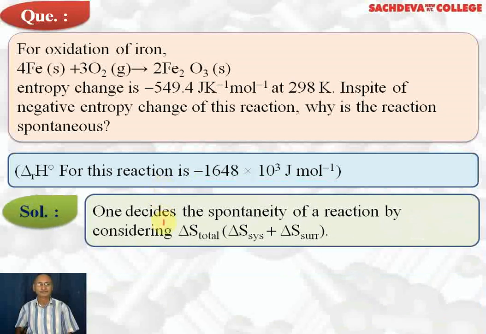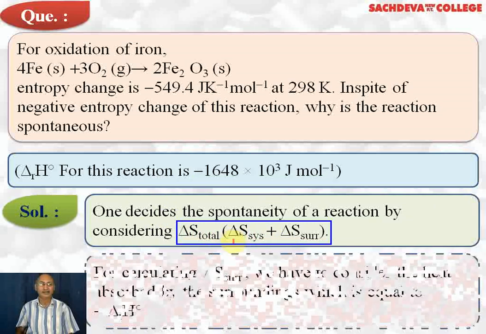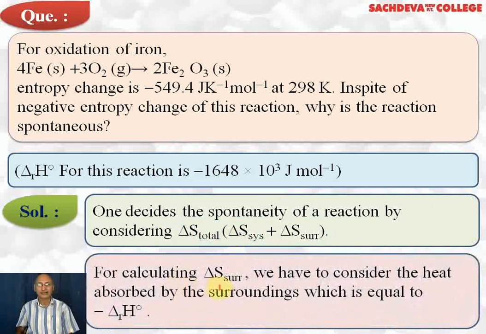So first we will find out delta S total. Delta S total means delta S universe, and delta S universe is delta S system plus delta S surrounding. For calculating delta S of surrounding, we have to consider the heat absorbed by the surrounding, which is equal to minus heat of the reaction. Whatever heat of the reaction is given, if we take minus heat of reaction, it becomes the enthalpy change of the surroundings.